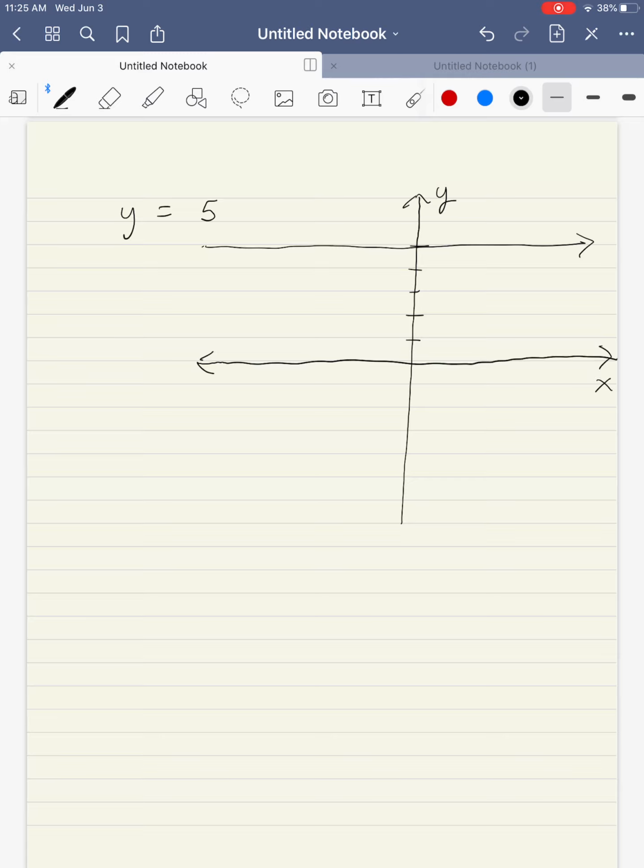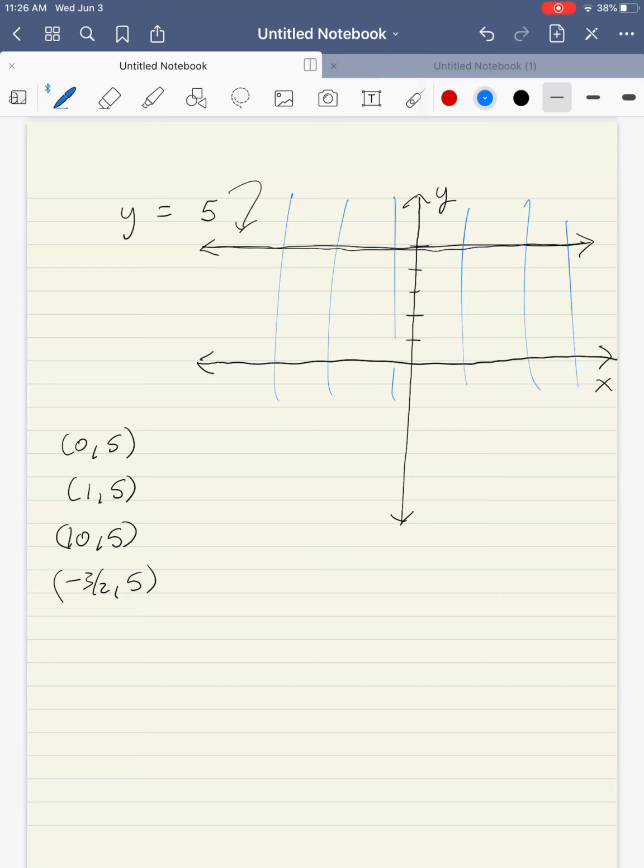So for our line, this is our y-axis, this is our x-axis. The equation of the line, y equals 5, is a horizontal line. It's the infinitely many points that have y equal to 5.